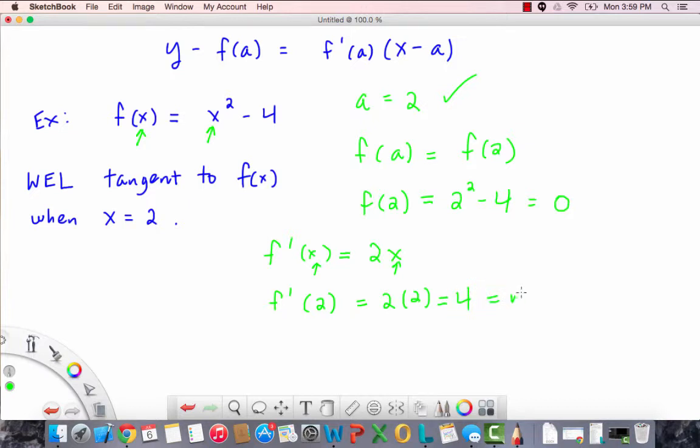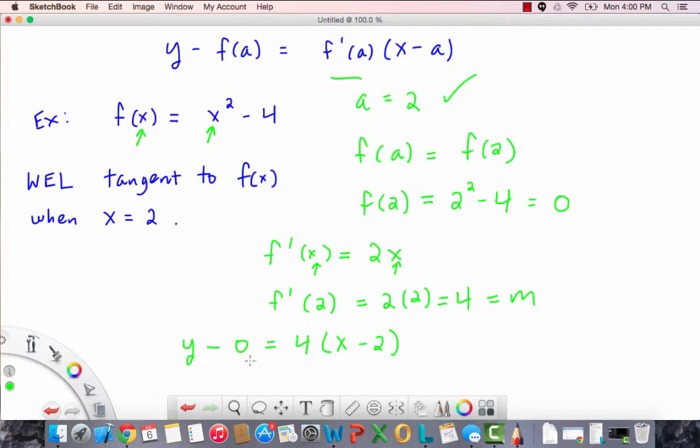And that's the slope. So if we want to write the equation of the tangent line in point slope form, we get y minus, so we're looking up here, y minus f of a, which is 0, equals f prime of a, which is the slope of the tangent line, and that's 4 times x minus a, or x minus 2.